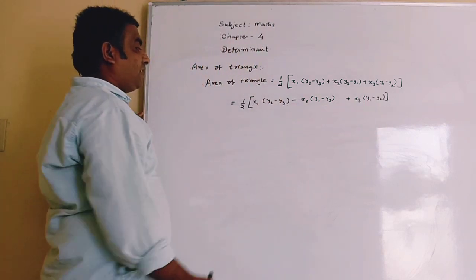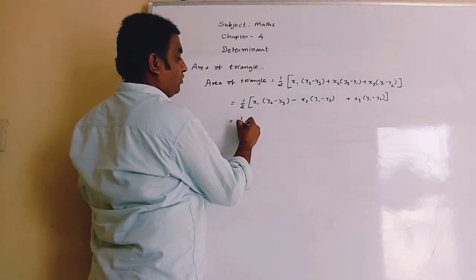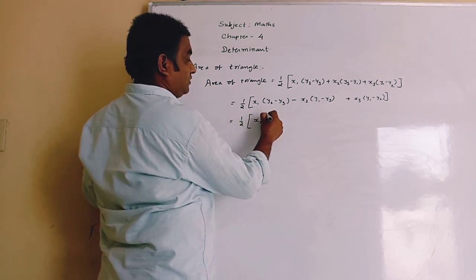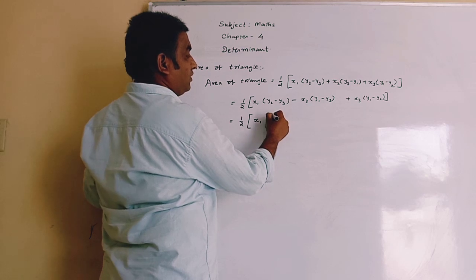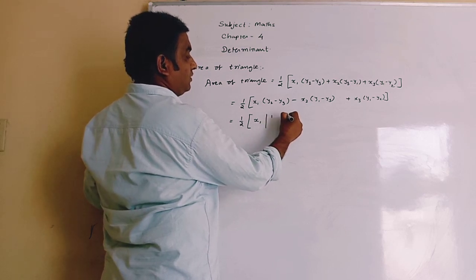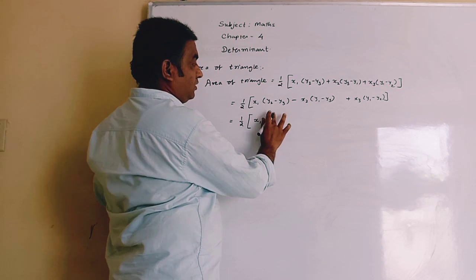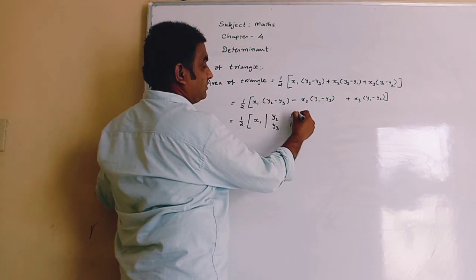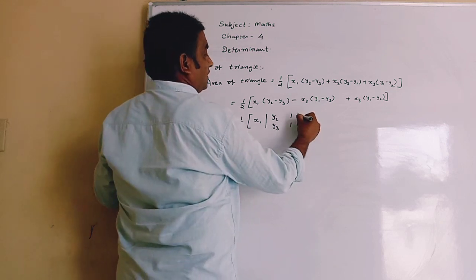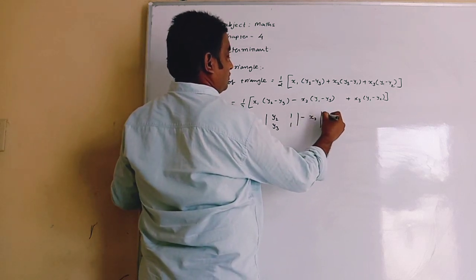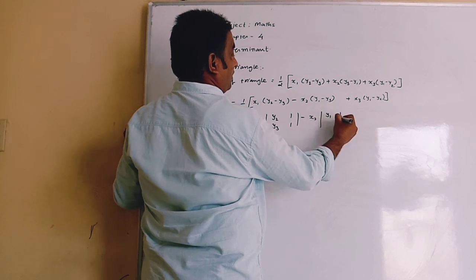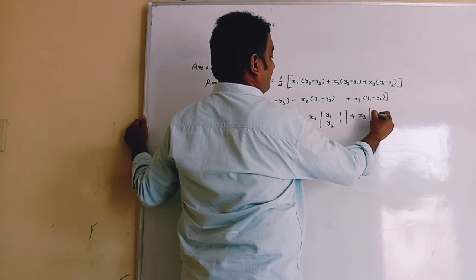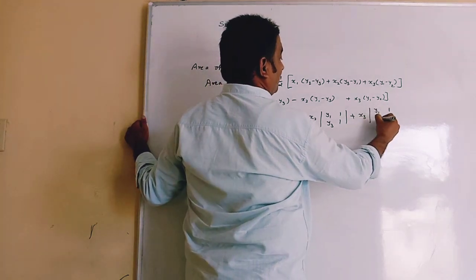In this format we can write 1 by 2 [x1 times the determinant of y2 1, y3 1, minus x2 times the determinant of y1 1, y3 1, and x3 times the determinant of y1 1, y2 1].